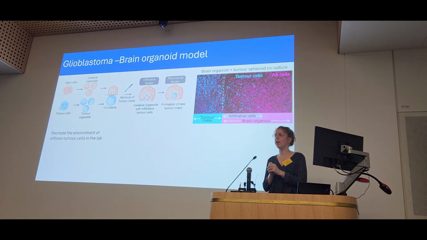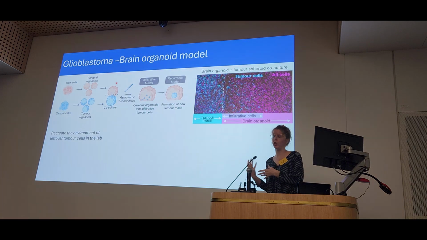However, we also want, in the lab, to create a model that basically imitates the same area. To do that, we're working with something called brain organoids. Brain organoids are basically a little bit of brain tissue that we create from stem cells that imitates the normal brain. And what we do is we grab these tumor organoids, we put them together, and these tumor cells infiltrate into this brain organoid the same way the tumor infiltrates into the normal brain.